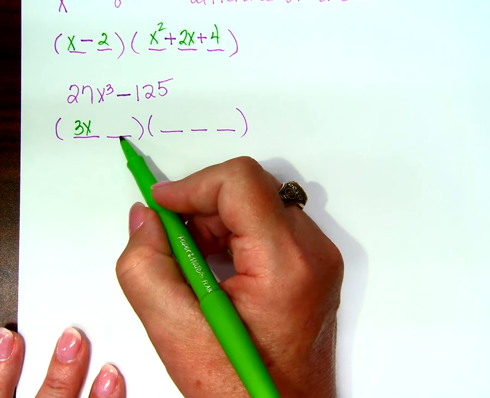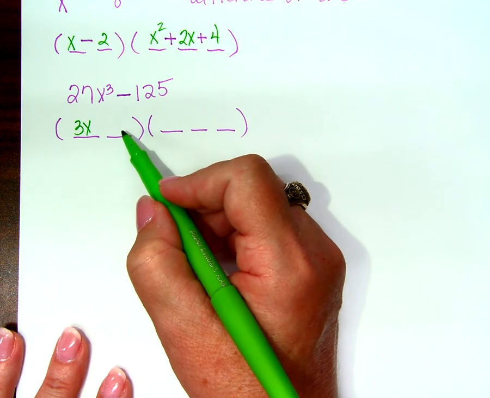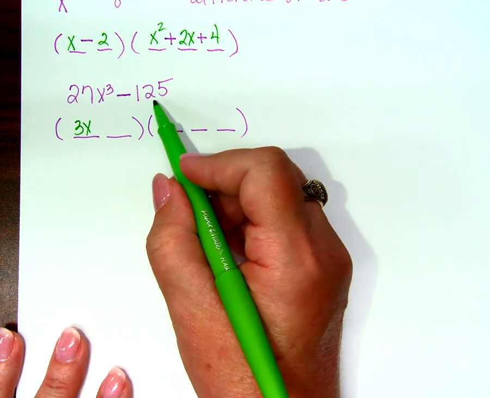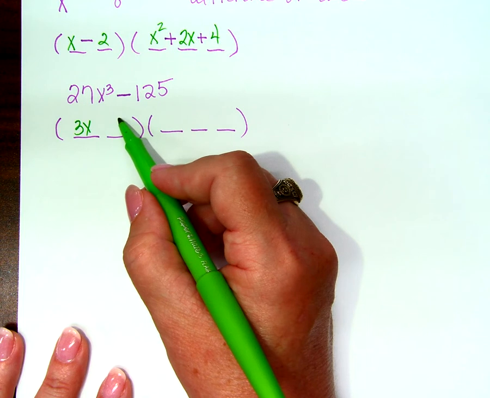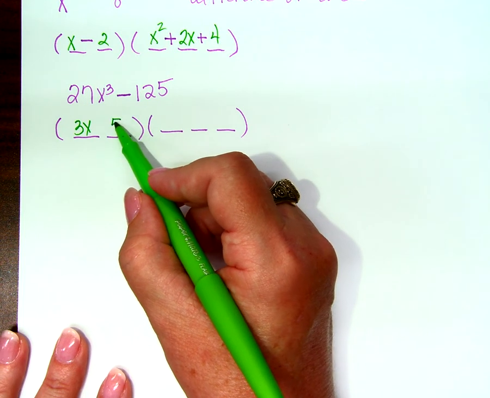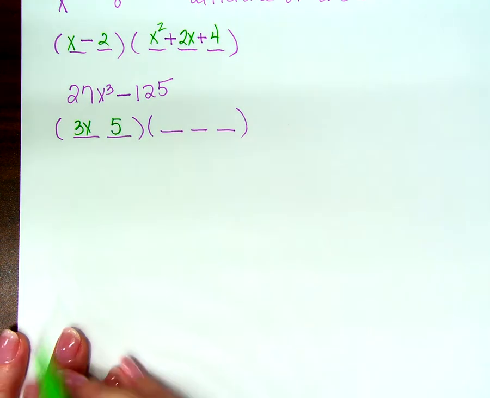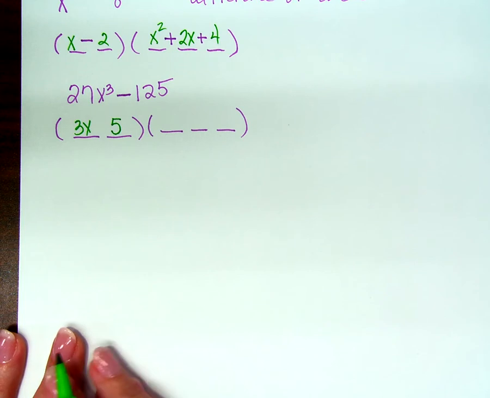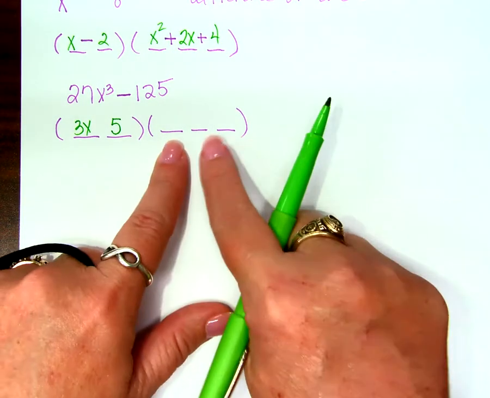What goes in the second term of the binomial? Cube root of the second term, which is? Five. Yes, that's correct. You did it. How do we fill in the trinomial?